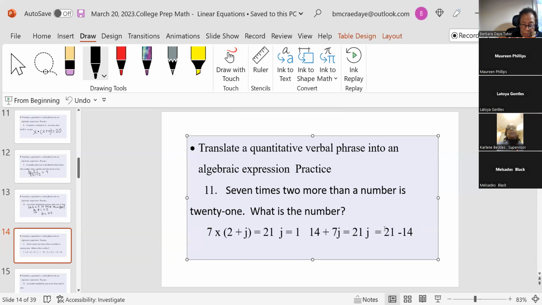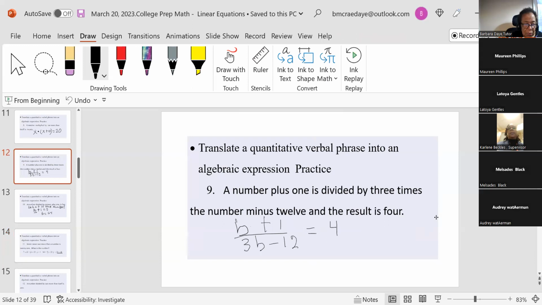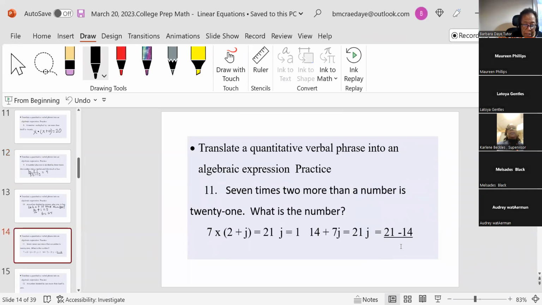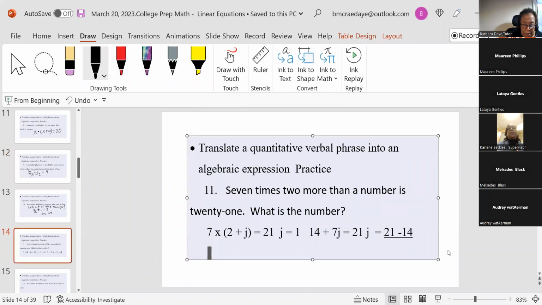Let's see, underline this, and back here, divide this by 7, right? And 21 minus 14 is 7, and 7 divided by 7 equals 1.